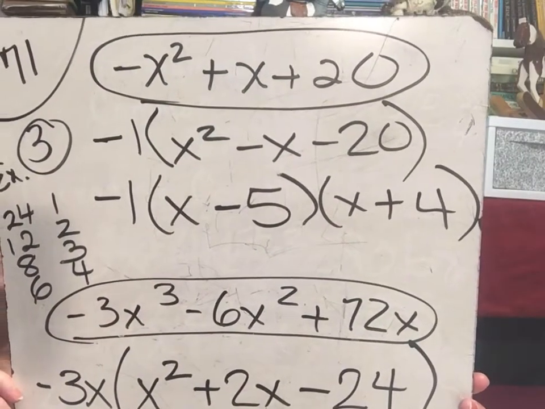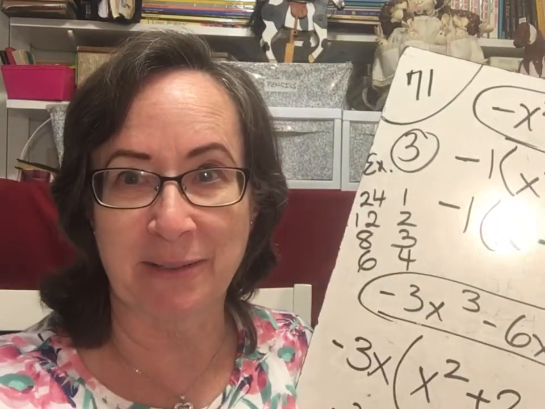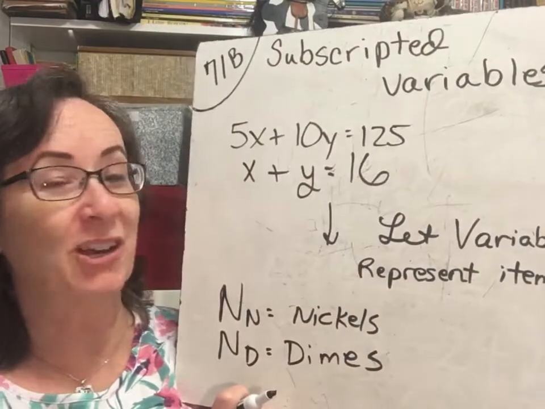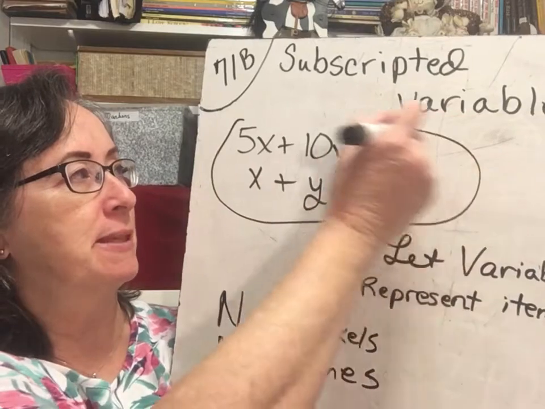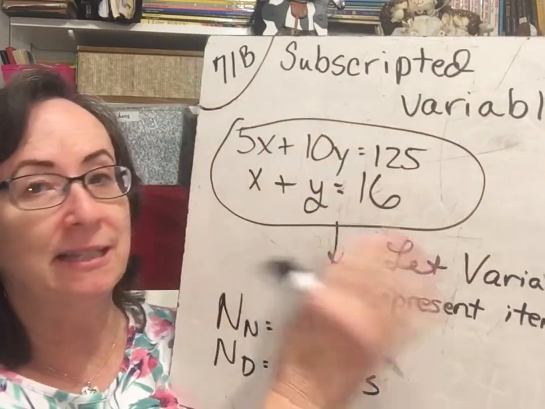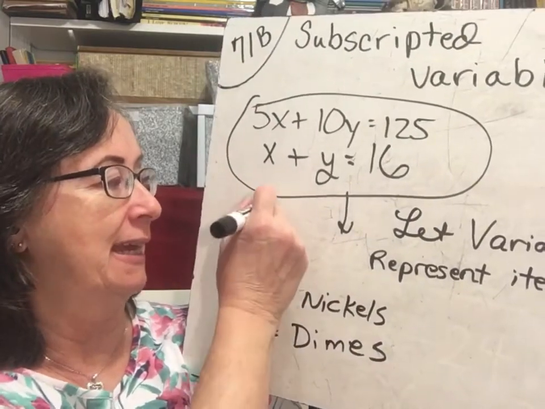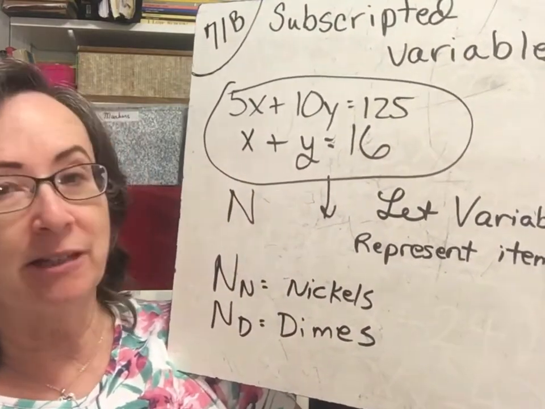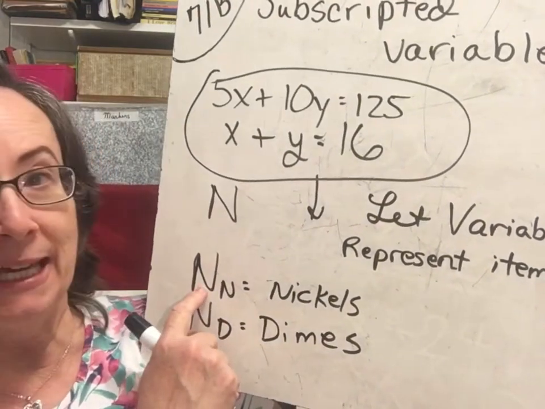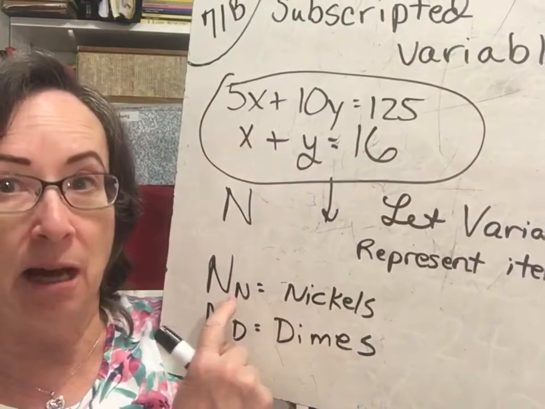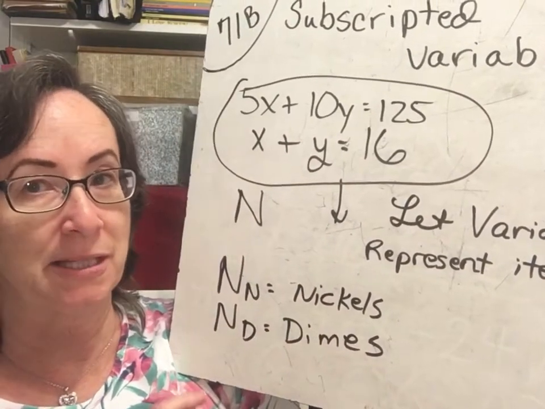And we are ready for the second section of this lesson, which is subscripted variables. Okay, so subscripted variables are just a way of representing something. In the past, we have solved systems of equations using x's and y's, and we have also represented unknown numbers with an n very often. And here they're just introducing to you the idea of a subscripted variable, where something like n sub n would equal the number of nickels, and n sub d would equal the number of dimes.